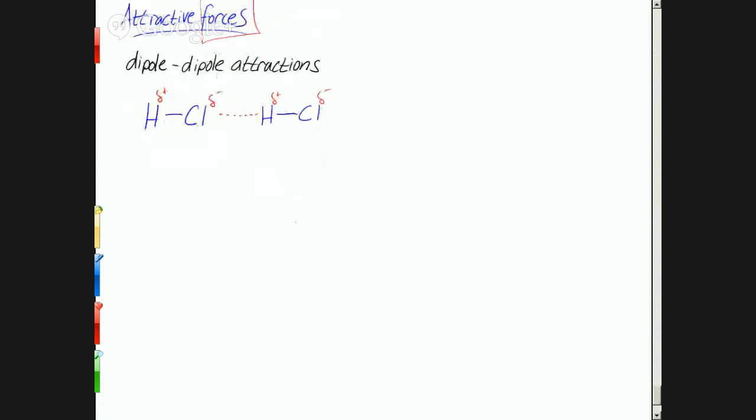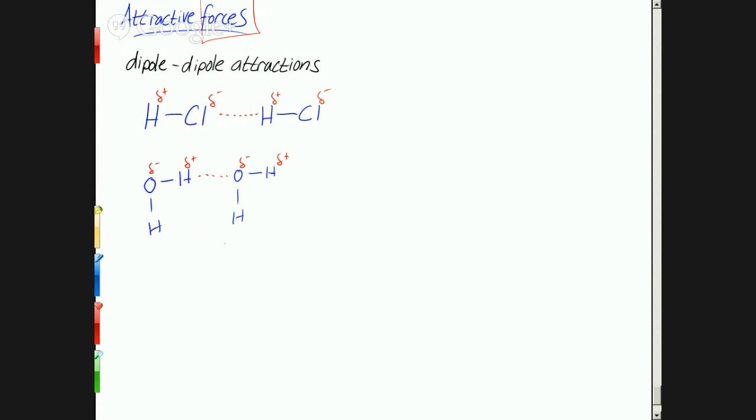The same thing happens with water. We have a partial minus and a partial plus. And we can set up this network with another water molecule so that the pluses and the minuses start to line up.